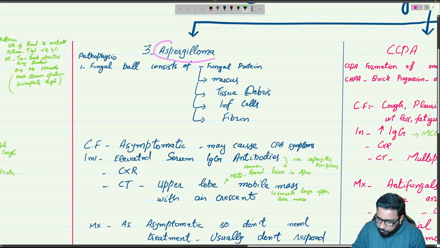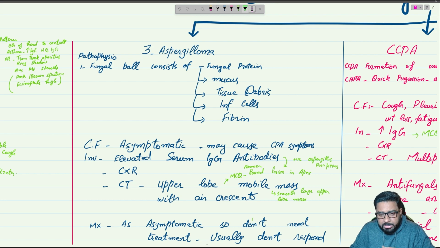Aspergilloma is basically when we inhale the spores of Aspergillus species, and because the person is immunocompetent, they will try to kill those spores and make sure they are confined to the same area.